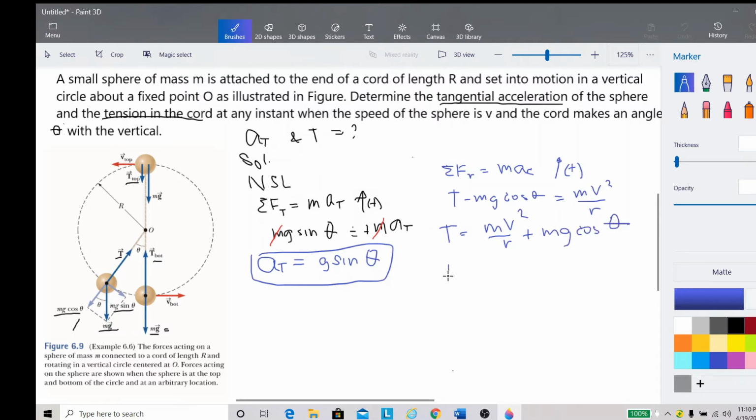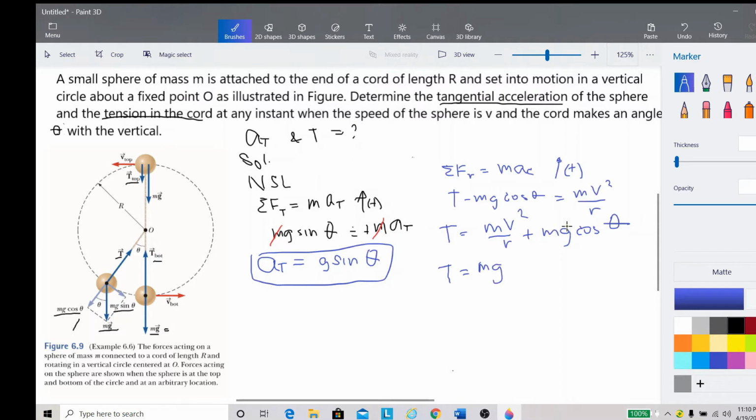Therefore, T, let us factor out mg. Dividing both sides by g first, and then we take out the common factor m. Therefore, we will have here mg.